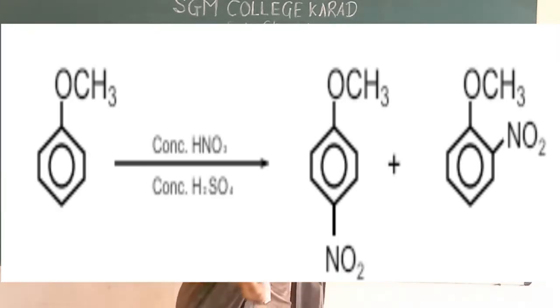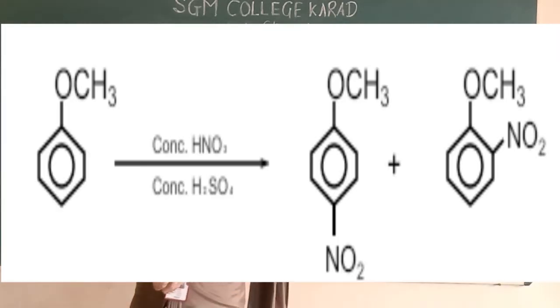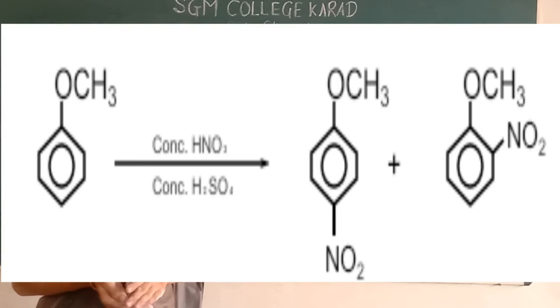Now the next will be the nitration reaction, when anisole reacts with concentrated nitric acid. Here we are taking the concentrated nitric acid in the presence of concentrated sulfuric acid.